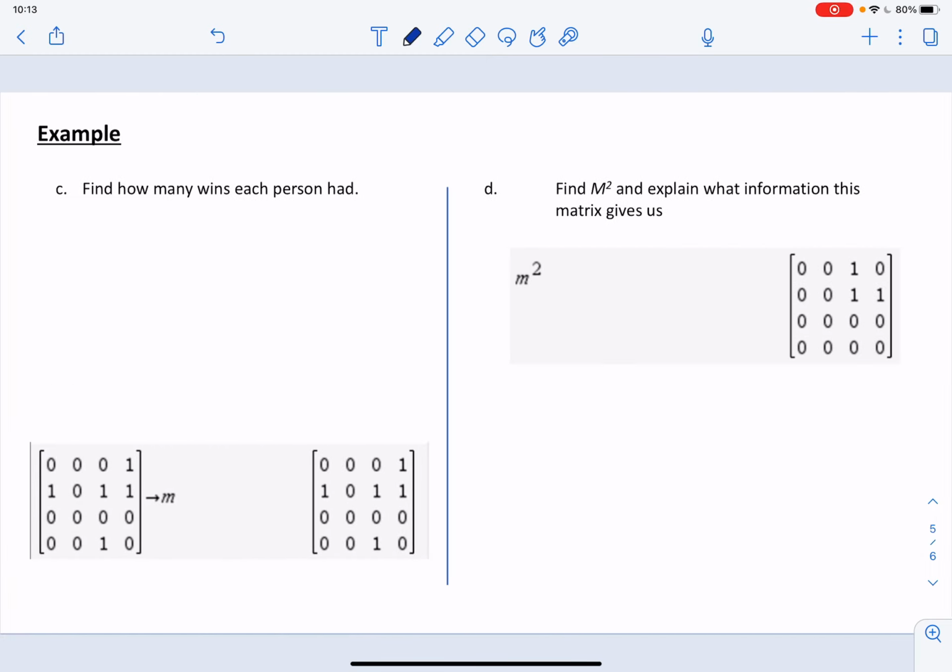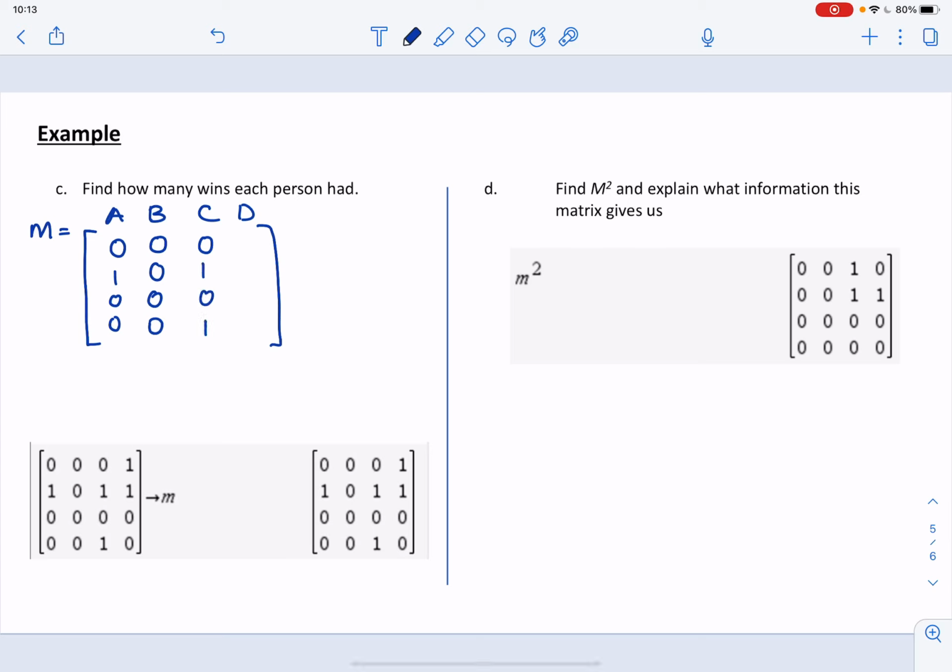Part C, find how many wins each person had. So what I'm going to do is I'm just going to pop down my matrix again. My matrix M is equal to A, B, C, D. Bess had no wins, Kath had a couple, and Denise had a couple.